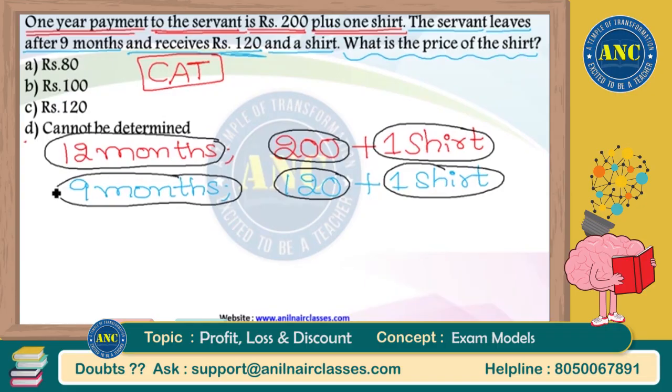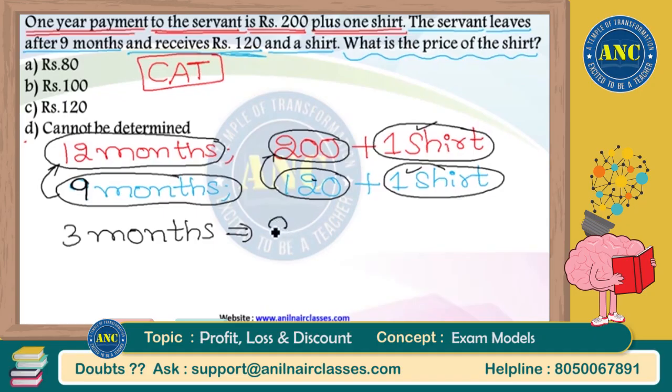Can I say that for 9 months I got 120 rupees and a shirt? If I had worked for 3 more months extra, that means if I had worked for 12 months, what would I have got? I would have got another 80 rupees extra. 120 would have become 200. Shirt anyway I am getting in both the cases.